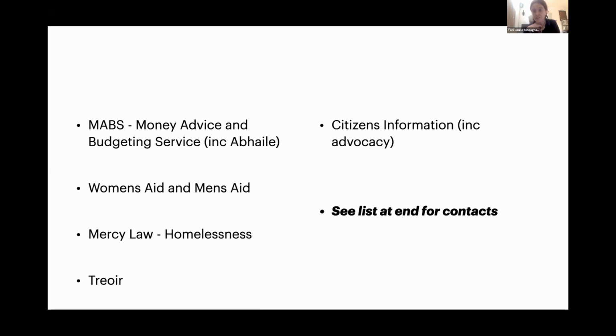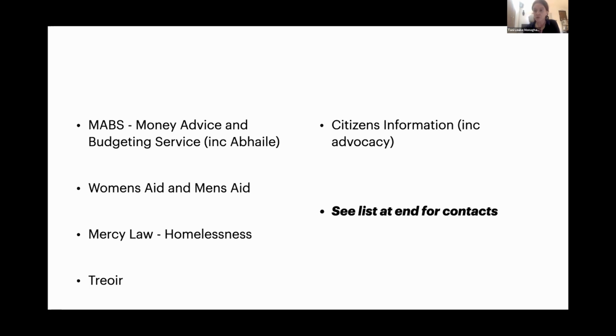I would often send my clients down to the Law Centre just to get some advice on what social welfare entitlements they're entitled to, particularly if they're newly separated, perhaps like a housewife who has never been financially independent since she was married. So really good support there.